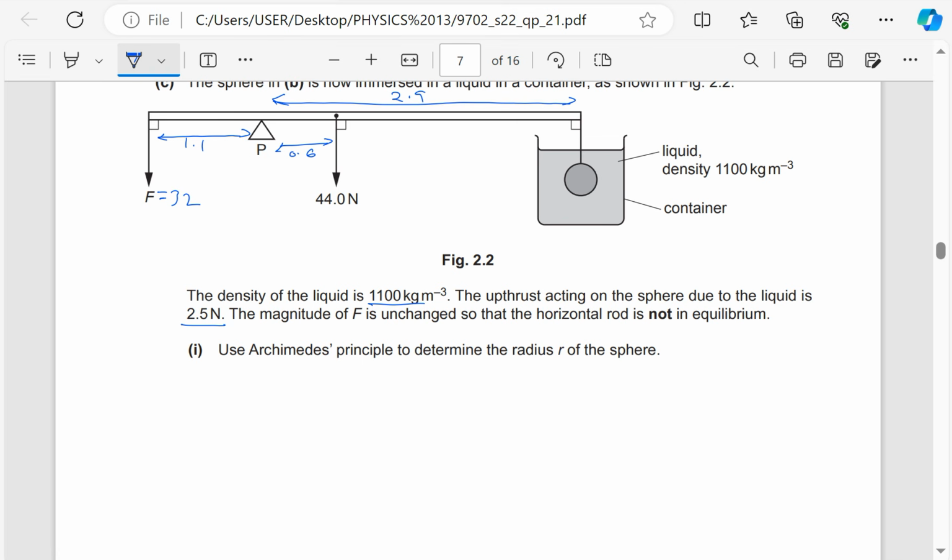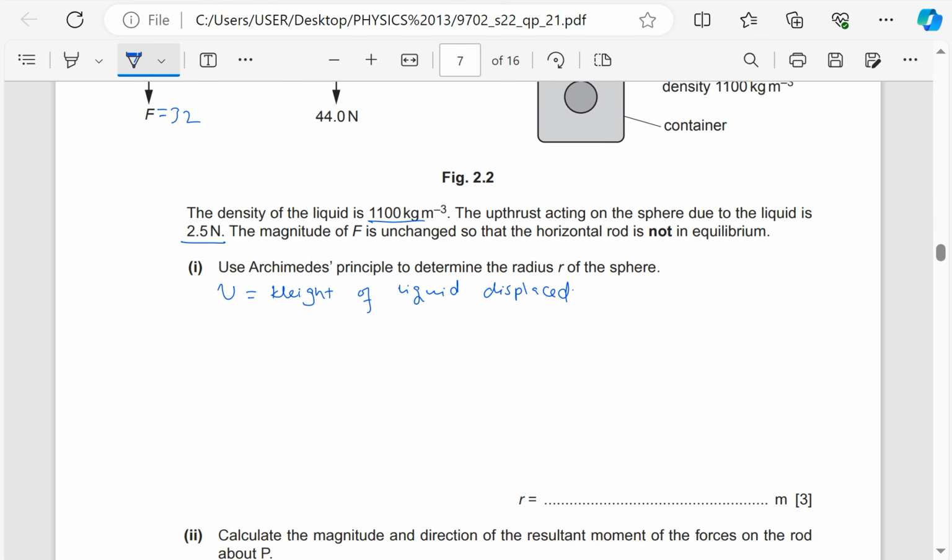Use Archimedes' principle. If you remember, Archimedes' principle says that upthrust is equal to the weight of the liquid displaced. And the upthrust, remember, was 2.5.